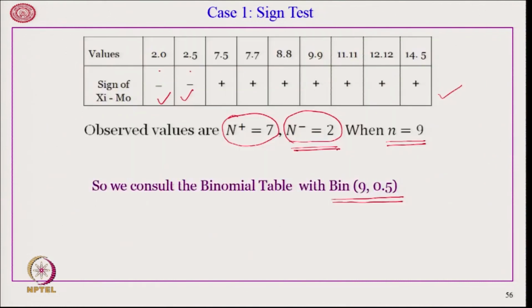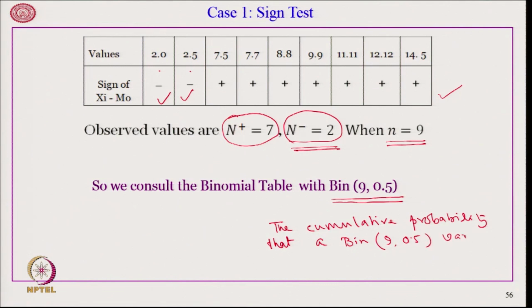So, we are looking at the cumulative probability that a binomial 9, 0.5 variable takes value less than or equal to 2.